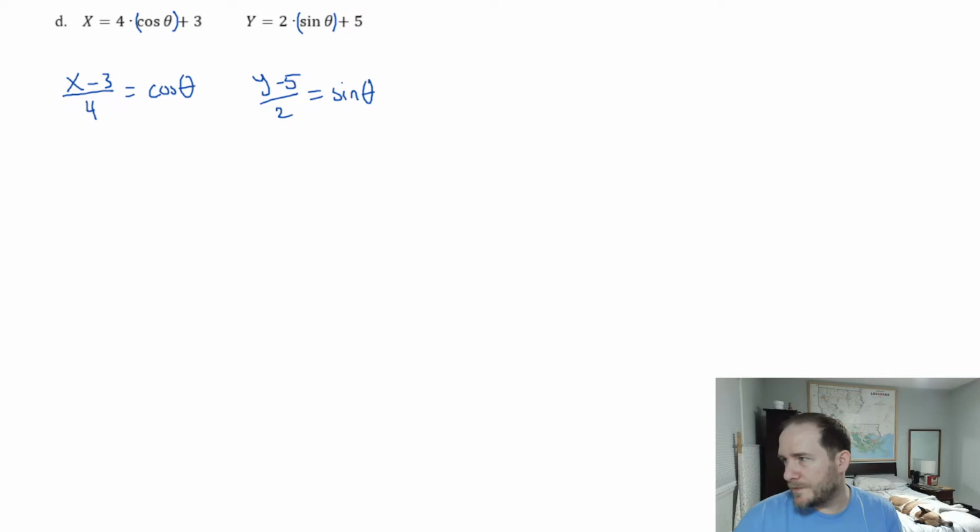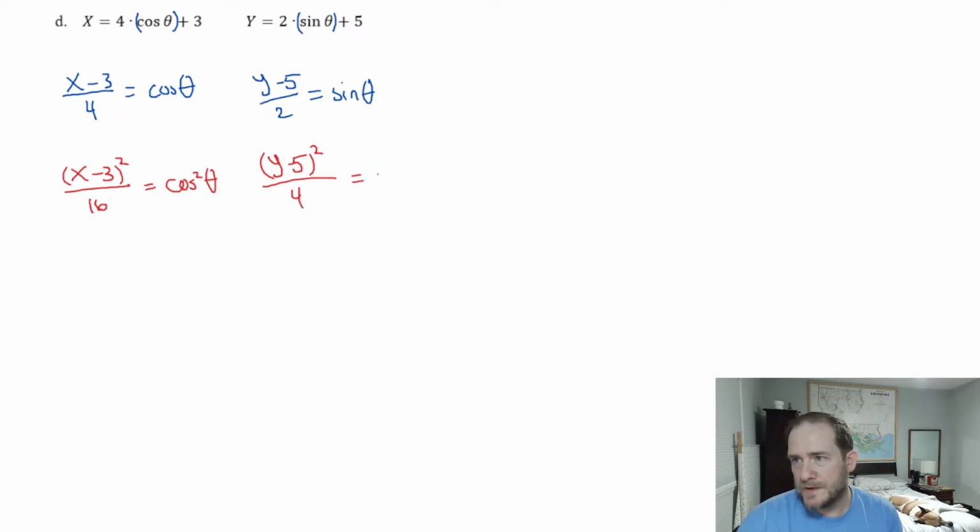And then you'll square both sides. So you'll get an x minus 3 squared over 16 equals cosine squared. And squaring both sides here gives y minus 5 squared over 4 equals sine squared. And then again, the trick here is that once you've got cosine squared and sine squared, you know that adding those together gives 1.